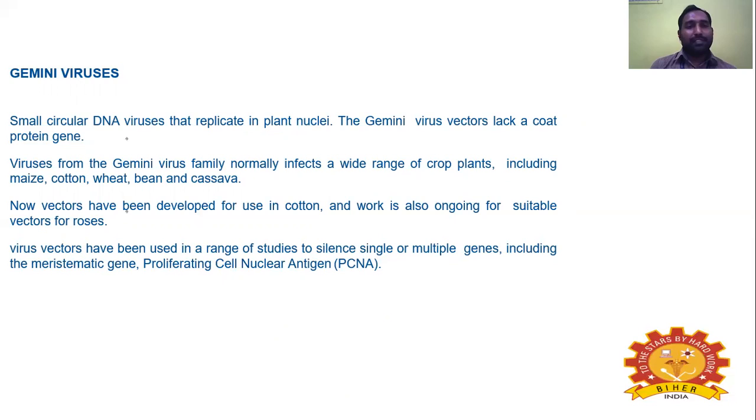And a vector system has been developed for different applications like the cotton plant, and other applications are currently in work for the rose plant. The vector has also been used in different studies to silence single or multiple genes, including the meristematic gene and proliferating cell nuclear antigens.